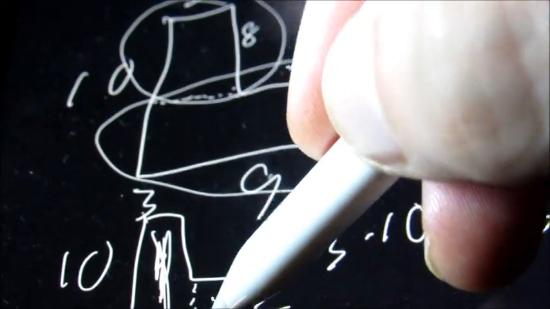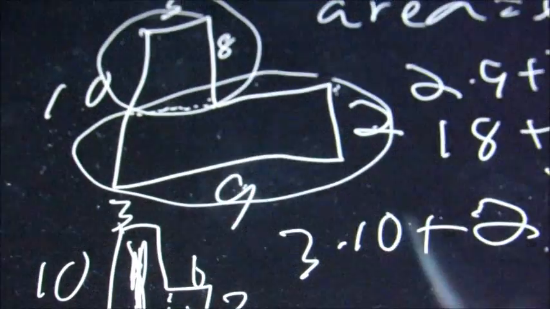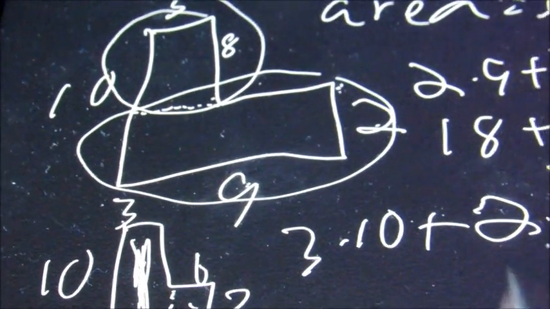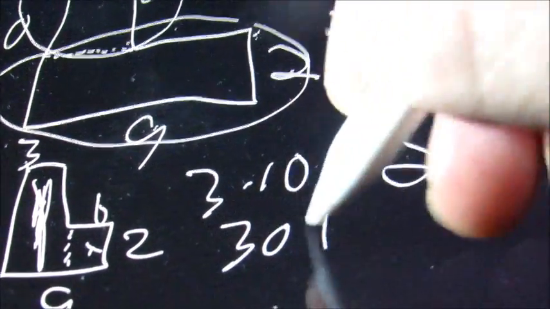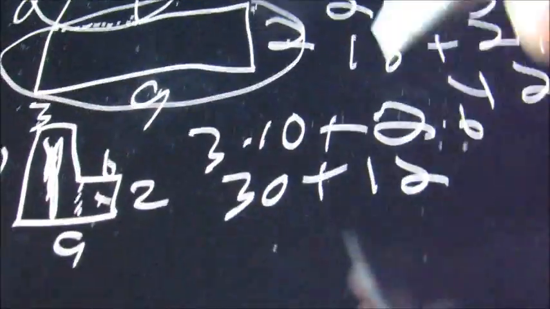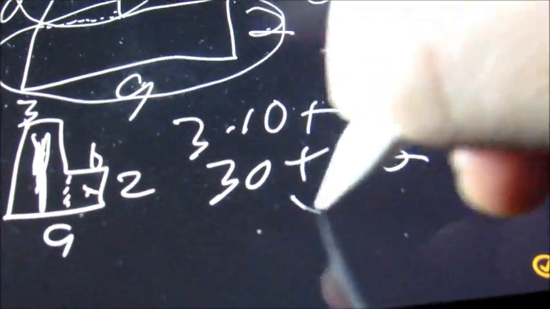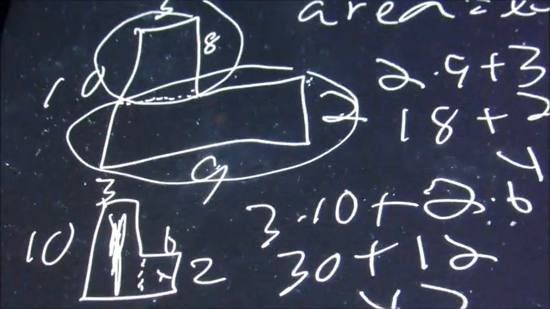We have 9 minus 3, which is 6, so times 6. So now we have 3 times 10, which is 30, plus 2 times 6, which is 12, and 30 plus 12 equals 42.